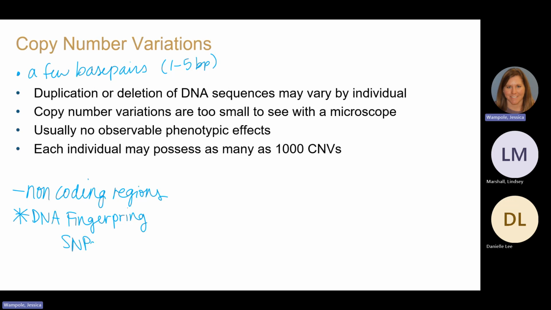For fingerprinting, they like to use something called SNPs, which is single nucleotide polymorphisms. So these are regions where you get a great number of variations, usually repeats that are going to be varying between individuals. Because they're in non-coding regions, they don't usually have phenotypic effects.